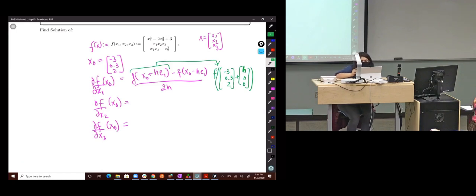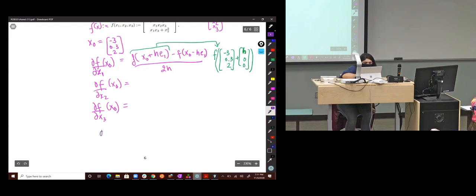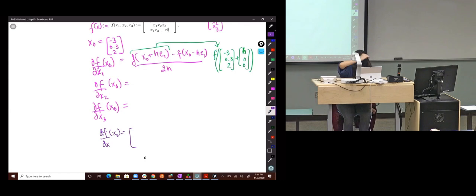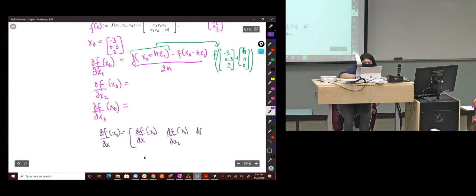And then our Jacobian, that is df by dx at x naught, is just a column-wise concatenation of these elements. So this one will be df by dx1 at x naught, df by dx2 at x naught, and df by dx3 of x naught.